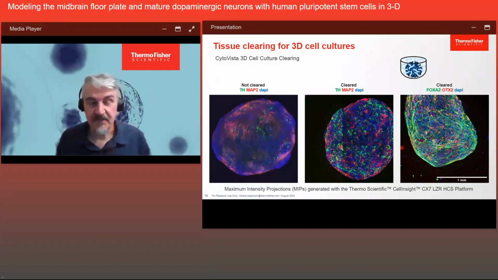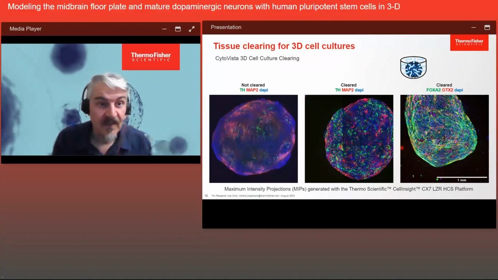So here's some examples of midbrain organoids showing you how clearing improves immunofluorescent detection. All three of these images are maximum intensity projections that are compiled from many optical planes imaged on the CX7 laser confocal instrument. The leftmost image is an uncleared 3-week-old organoid that's been stained for tyrosine hydroxylase and MAP2.